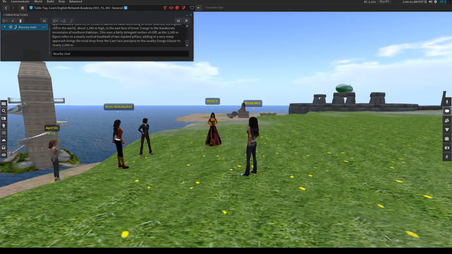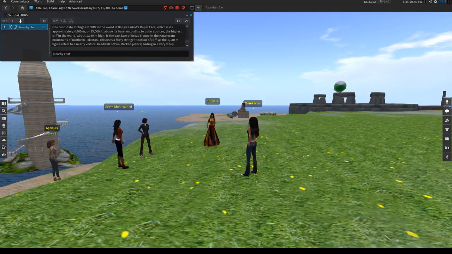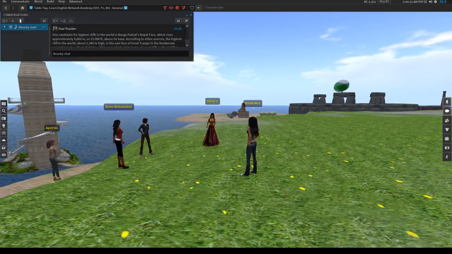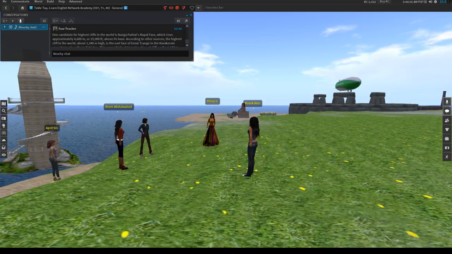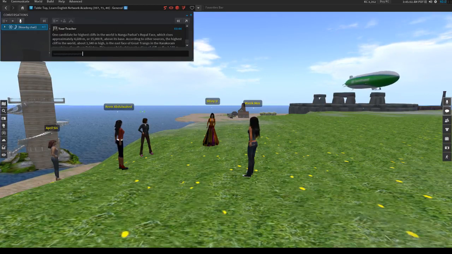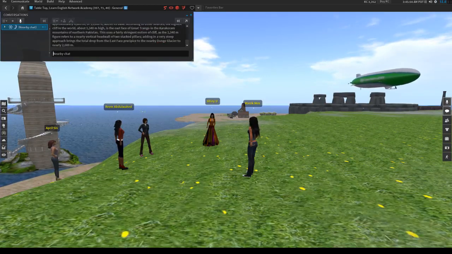Sorry, I thought I clicked the talk. In fact, it should be one candidate for the highest cliffs in the world. Let me just change that. This is always the problem with some of the text. So let me just draw a line under that one. You can ignore that, and there's that one. Okay?